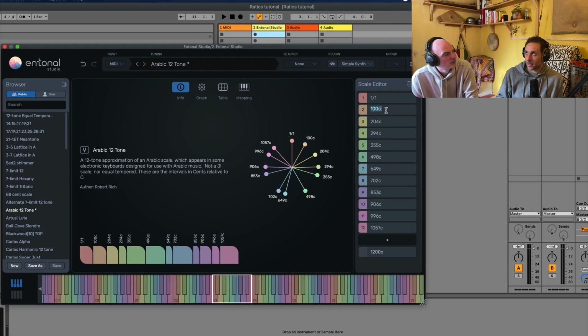So a cent is 1 semitone divided by 100. Right? There are 12 semitones in 1 octave. Oh, fair enough. So that's why it makes sense when you get to the top, actually.